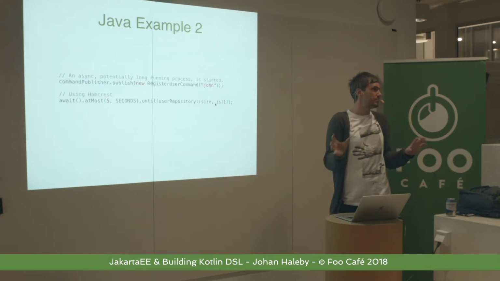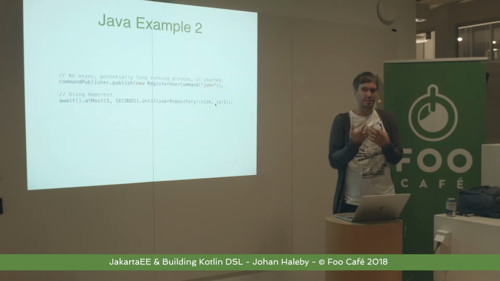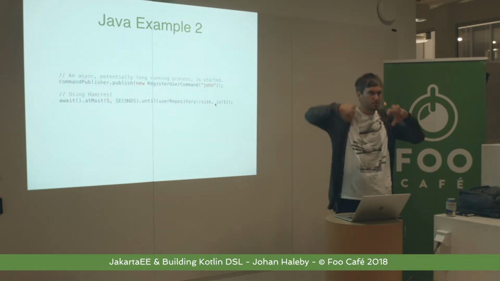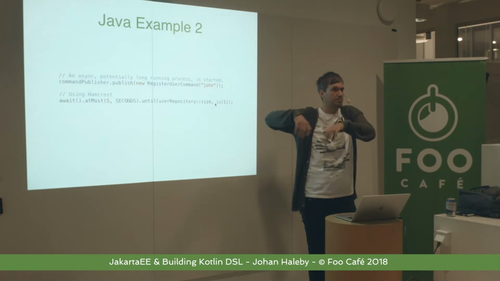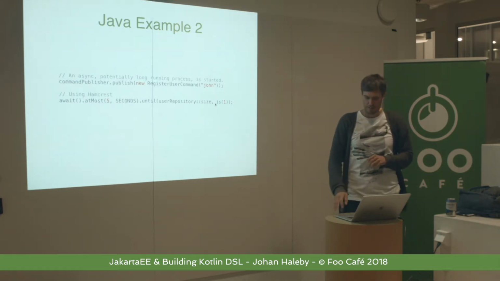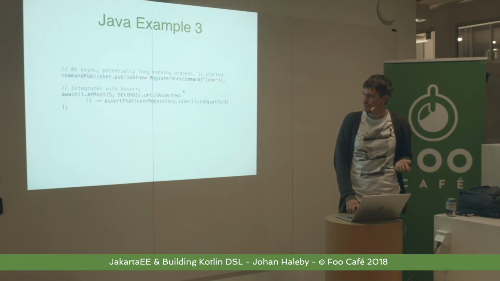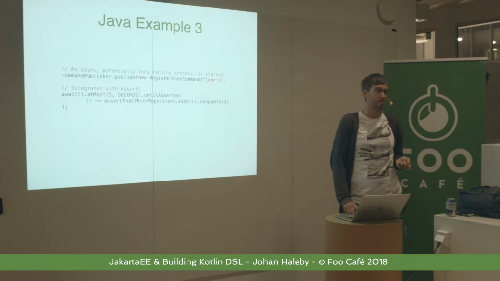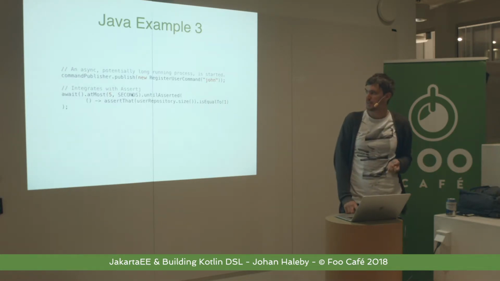Maybe you know about AssertJ, which I actually like quite a lot, but when it comes to composing different matchers, I think Hamcrest is really good. But you can use AssertJ as well, or any assertion library for that matter, in Awaitility. So then you just use untilAsserted, and here is an example with AssertJ, which essentially does the same thing.